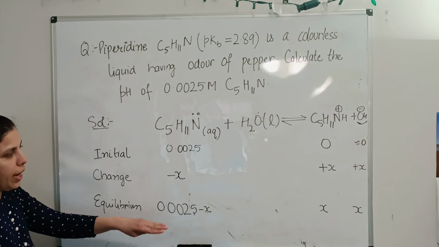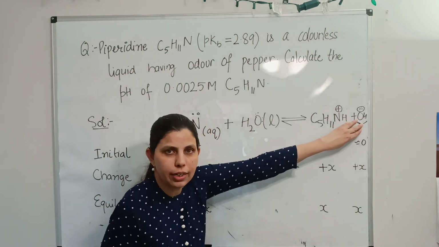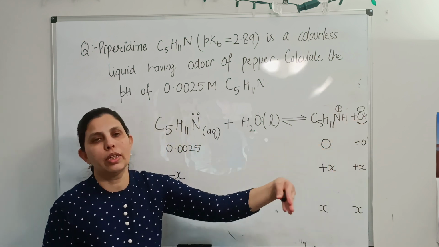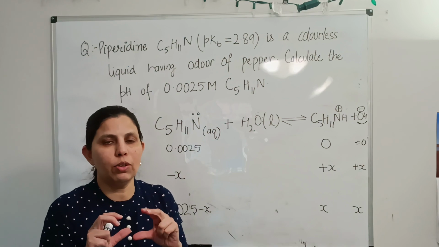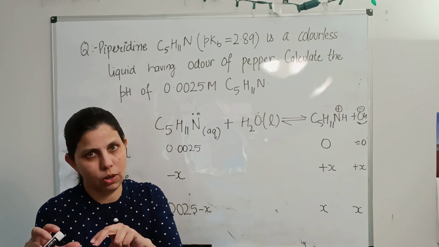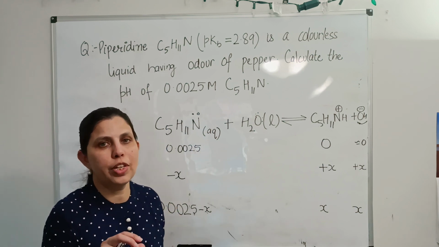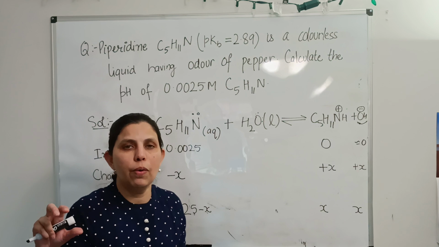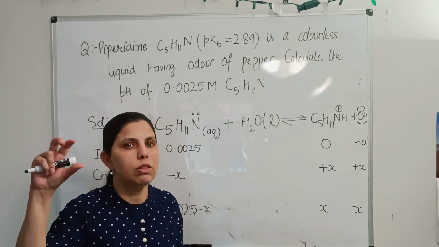So if we could calculate X, which is nothing but the concentration of hydroxide ions, we would be able to calculate the concentration of H positive ion. The concentration of H positive ion and hydroxide ions, the product of those concentrations, is always 10 raised to the power minus 14, like in water.